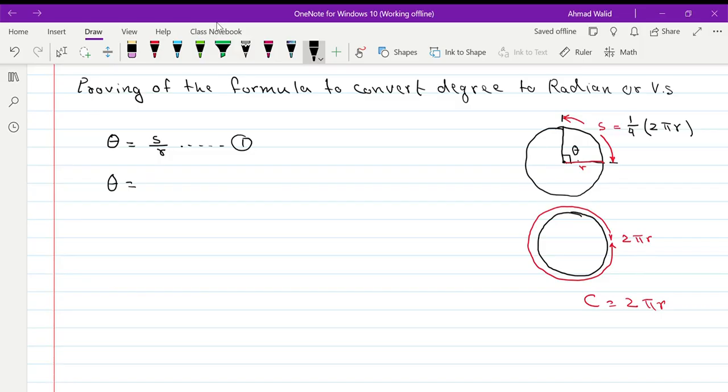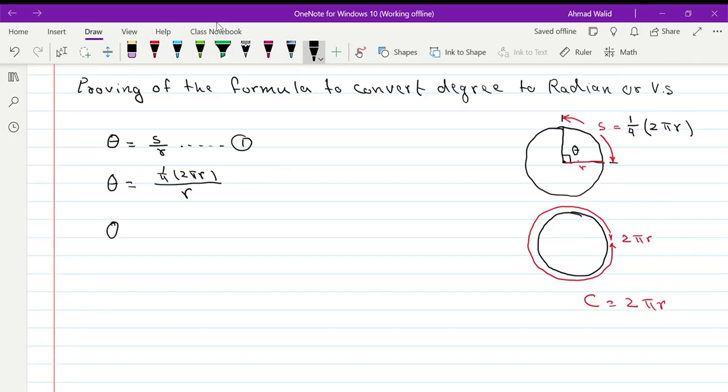Then I'll replace my S with 1/4 of 2 pi r over another r, which is my radius, correct?